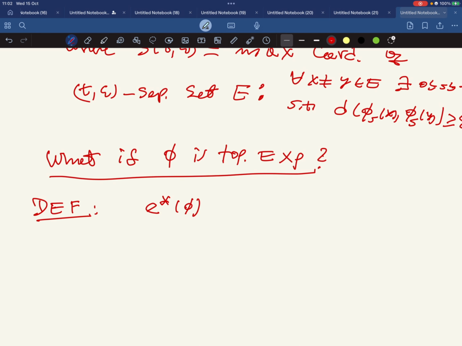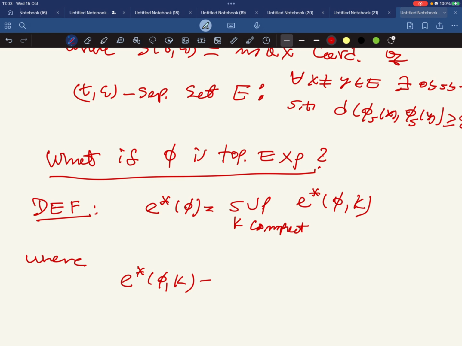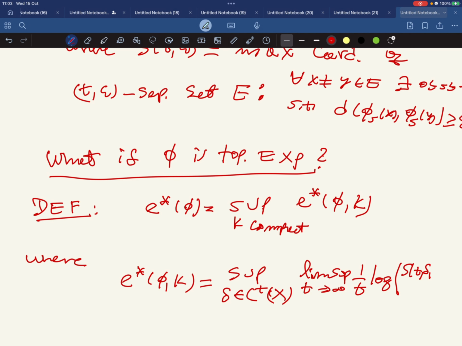A star of phi will be the supremum over the compact sets K of A star of phi, K, where A star of phi, K is equal to the supremum over the positive functions delta of the lim sup as T goes to infinity of 1 over T log of S(T, delta, K) over beta(T, delta, K).